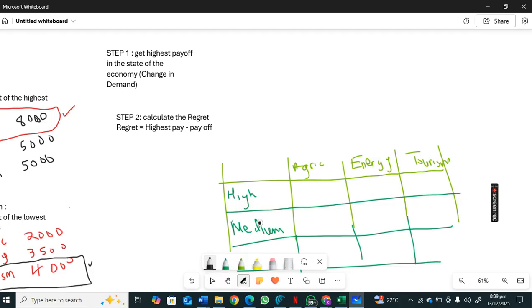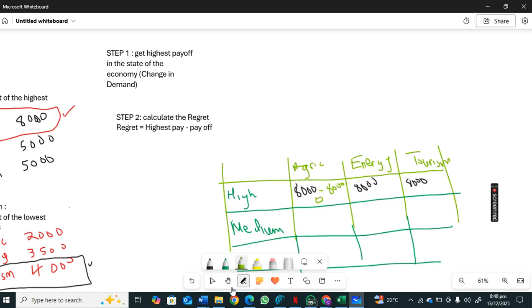The highest payoff, I'll put it in black, so that you remember that we're subtracting the highest payoff by each individual payoff. For agric, when demand is high, the payoff is also 8,000. So 8,000 minus 8,000 gives us 0, which is telling us when demand is high and you invest in the agriculture sector, there is no opportunity cost. You don't lose out on profit.